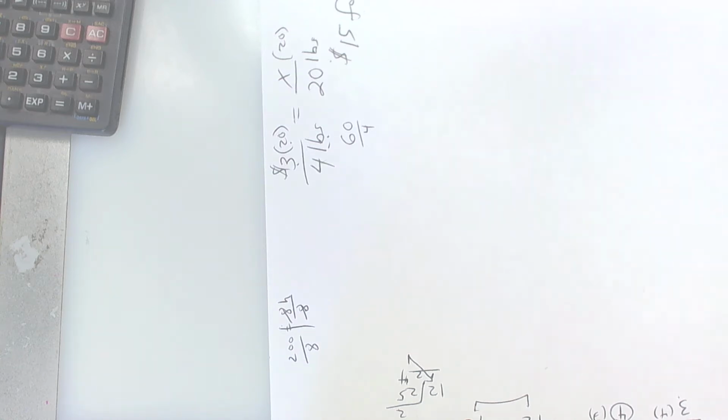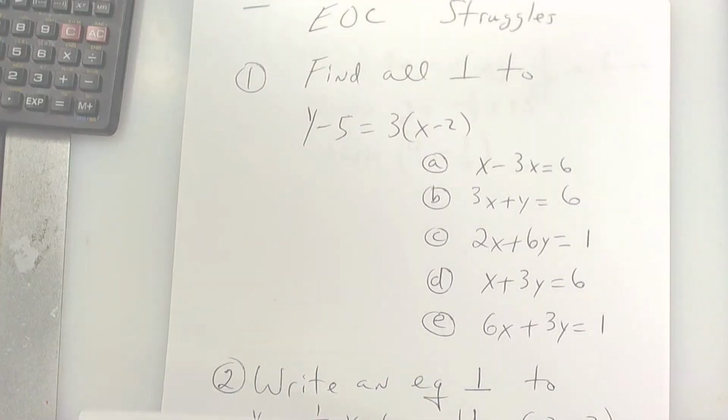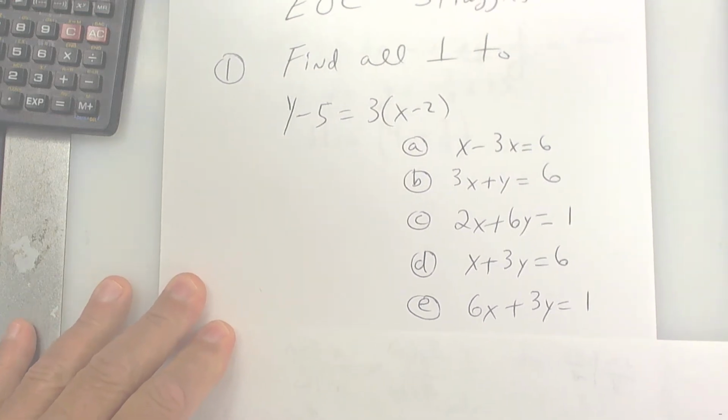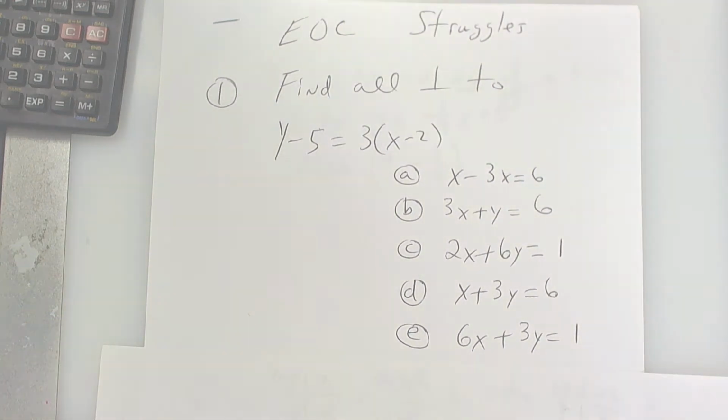Now, the lady said people struggled on this one right here. I don't know if it's the same exact one. So copy down number 1 right there. EOC struggles. Copy the whole thing down. It doesn't have to be pretty, just copy it down. Now, while you're doing that, she wants to know all the ones that are perpendicular. Now, think back, okay? Because I didn't take the test, and I didn't look at it, because we're not supposed to.